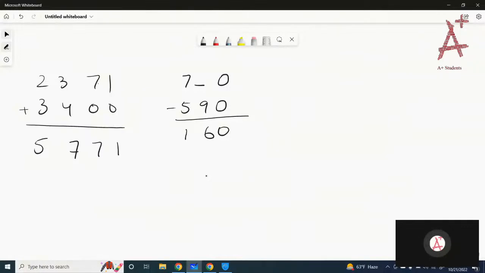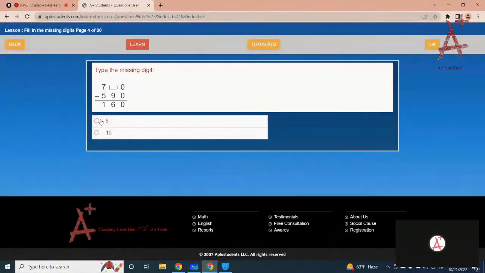So what number subtracting from 15 is 6? 15 subtract 6 is 9. Got it? That means here you have 5 because you borrowed 1. It would be 15. 15 subtract 9 is 6. And 6 subtract 5 is 1. Got it? That means the missing number is 5. So select the correct option and then click on the OK button.